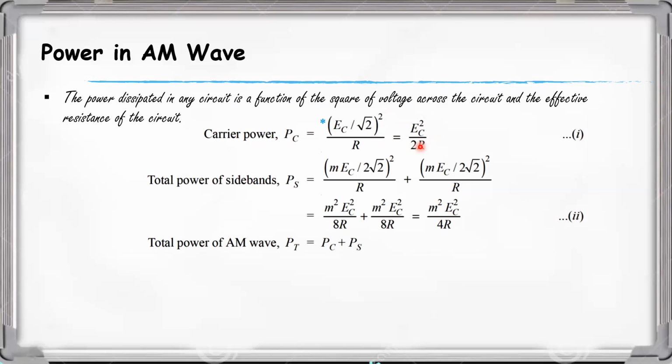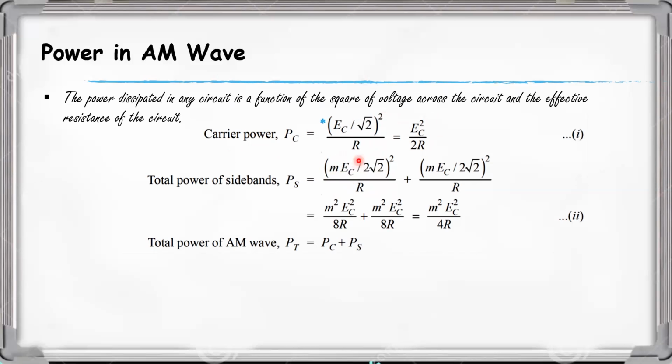And we know that in an amplitude modulated wave, there are two sidebands. Then the total power of sideband must be the sum of the powers of the two sides. We know that the amplitude of the sideband is equal to MEC divided by 2. Then root 2 comes from the conversion to RMS value.